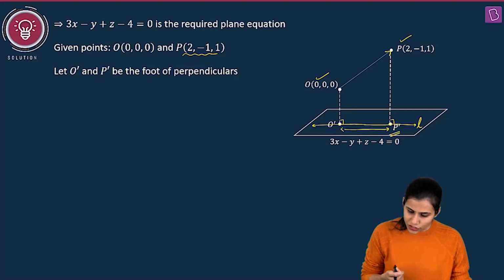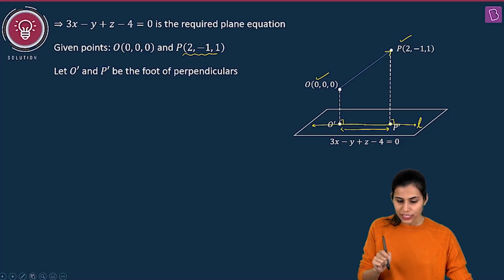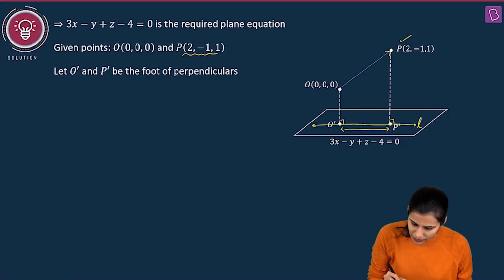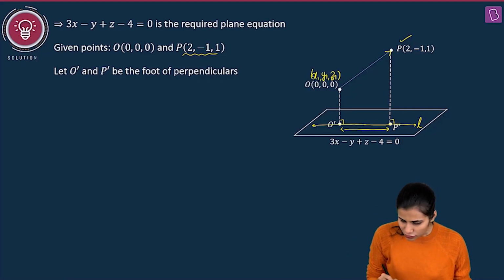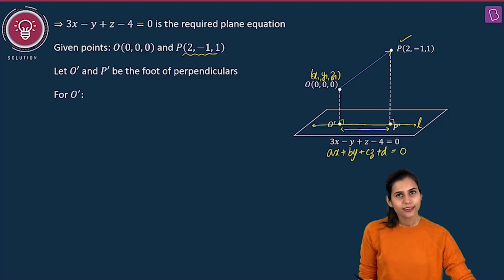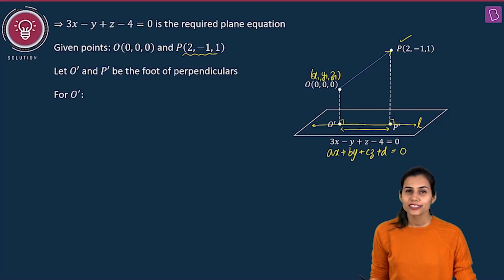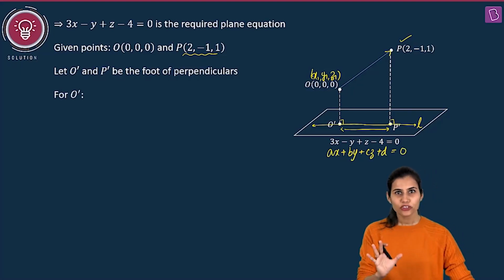Okay, what is O dash? It is the foot of the perpendicular drawn from O onto the plane. We know the concept. If I treat this as x1, y1, z1, and the equation of the plane is ax plus by plus cz plus d equals 0, then what will be the coordinates of O dash? Can you tell me? Do you remember?